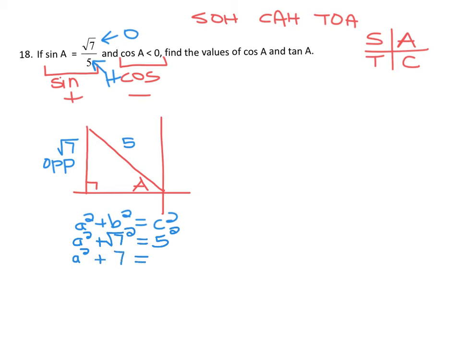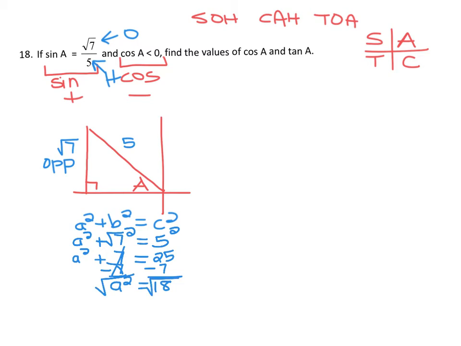And then 5 squared is 25. So I'm going to subtract 7 from both sides of the equation, and I get A squared equals 18.